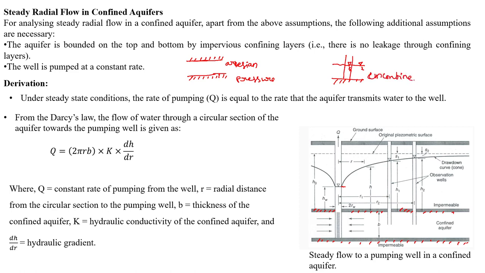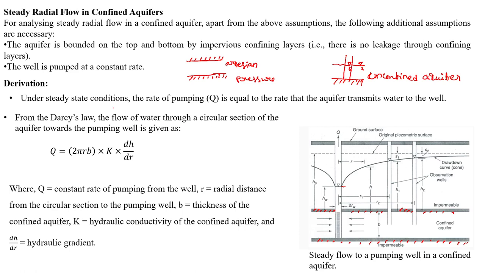So that is the difference. In a confined aquifer, the aquifer is confined from both sides and the water is under artesian pressure, whereas an unconfined aquifer is confined only from the bottom, and its water is under atmospheric pressure.